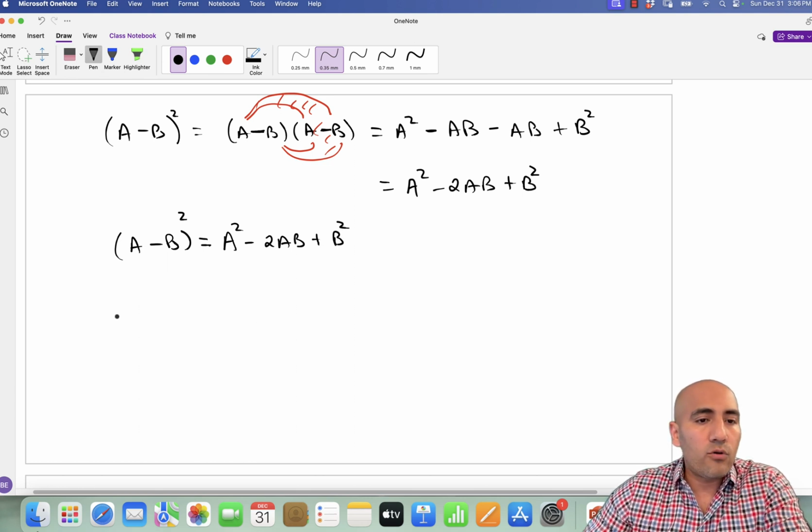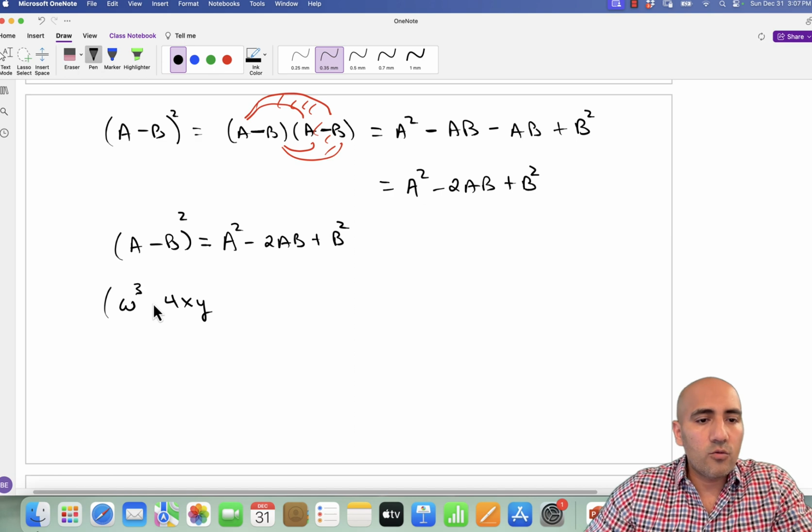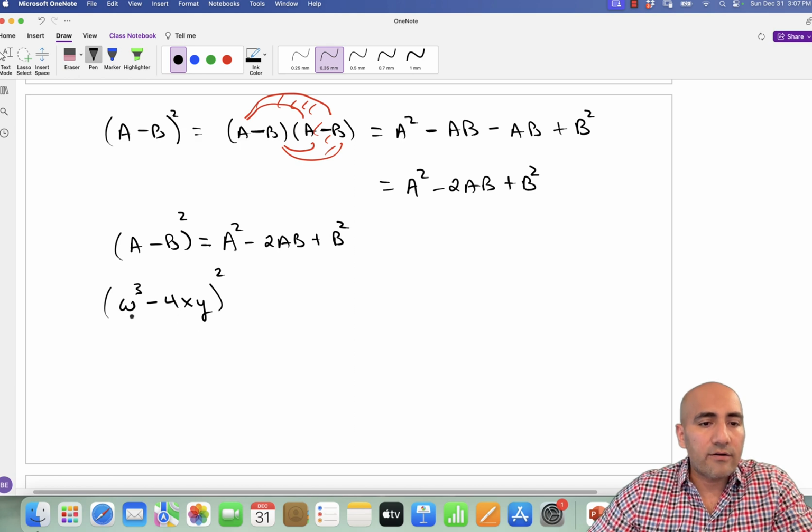So for example, if we had a complicated statement like w cubed minus 4xy, all cubed, parentheses squared, again, we could FOIL the whole thing out, or we can recognize a pattern. This fits this form where this is the a and this whole crazy thing is the b.